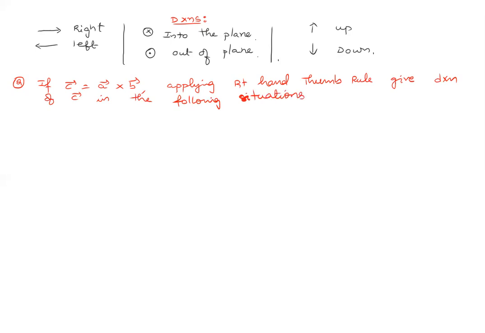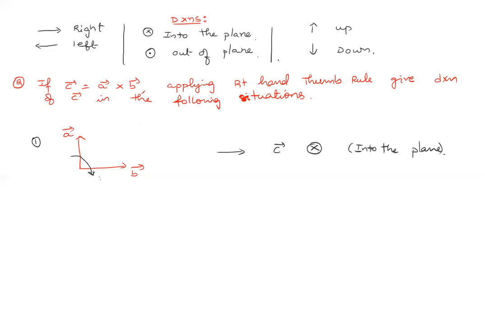You have to place your four fingers along A and then curl towards B. So the first question: this is A, this is B. Going from A to B, you curl four fingers along A and towards B, and you will get C bar into the plane.